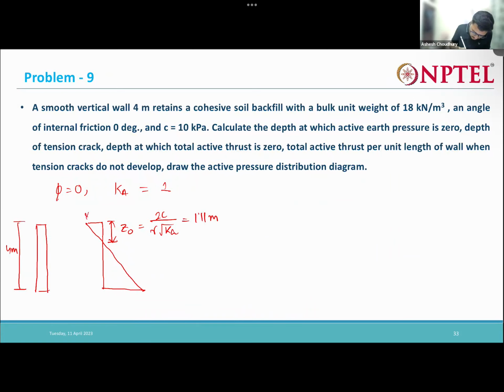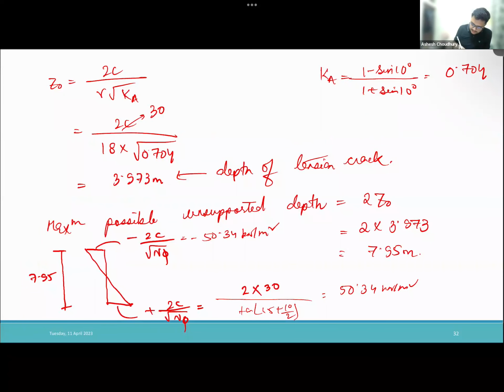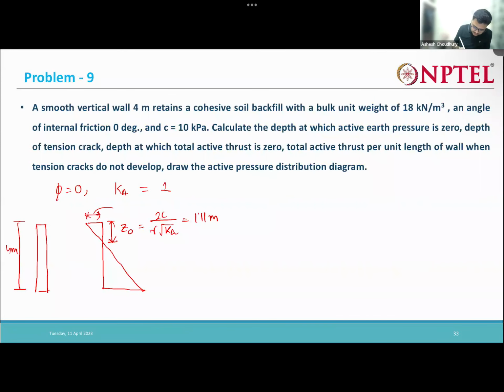And what is this value? It is 2C root over K. So what is that? It will be 2C only. Right. 2C by root 1, so it's 2C only. 2 into 10, 20. This is minus 20, right?